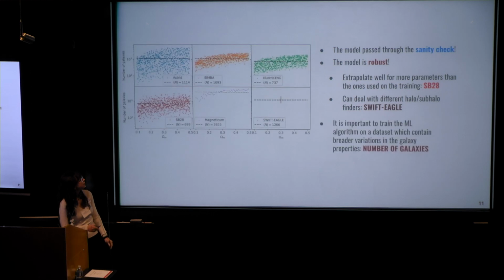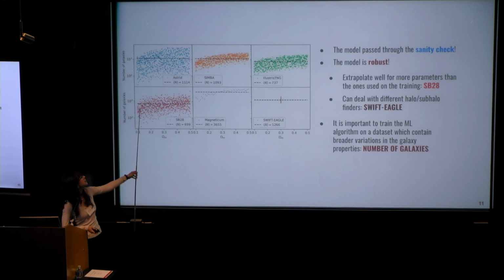We found other things which were pretty important: that we can have a really good model with Astrid. We took a look at the number of galaxies per box, where each point here corresponds to one simulation box. And we can see that the model which works better while trying to extrapolate to all the others is trained on boxes which contain from tens to more than 5,000 galaxies, while a model trained on SIMBA or Illustris-TNG has never seen boxes with this kind of number of galaxies, and this is not so good.